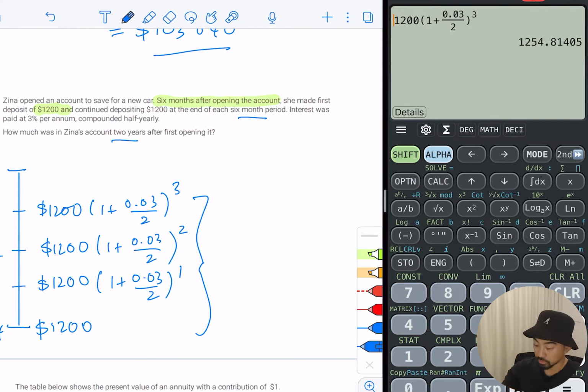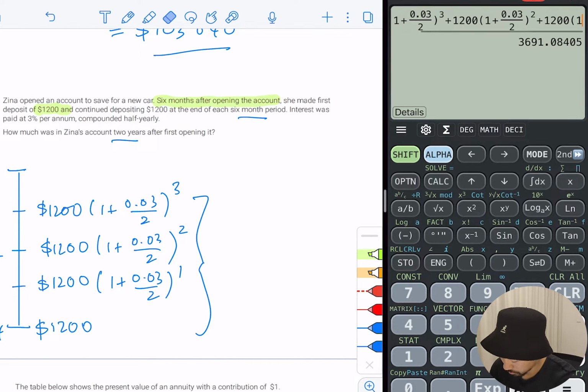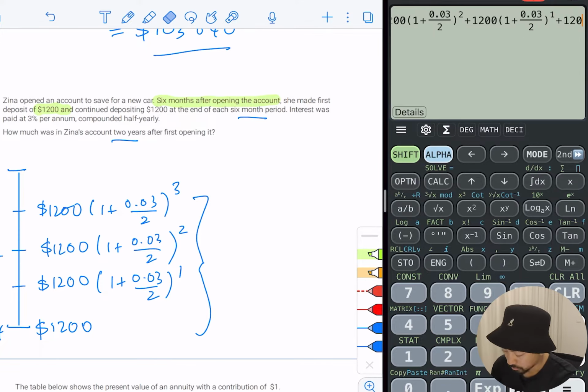So plus 1,200 times 1 plus 0.03 over 2, to the power 2, plus 1,200 times 1 plus 0.03 over 2, to the power of 1. Lastly, plus the 1,200.